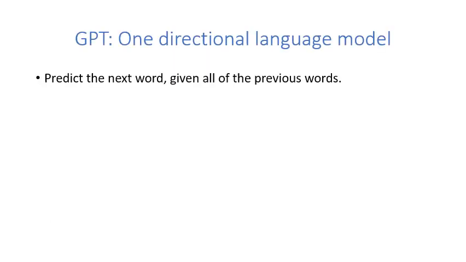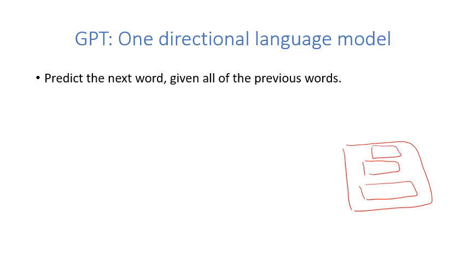Okay, what about GPT? So BERT was a stack of encoders. GPT is a stack of decoders, with the exception that I told you. The decoder has 3 layers: masked self-attention, cross attention between decoder and encoder, and feed forward.